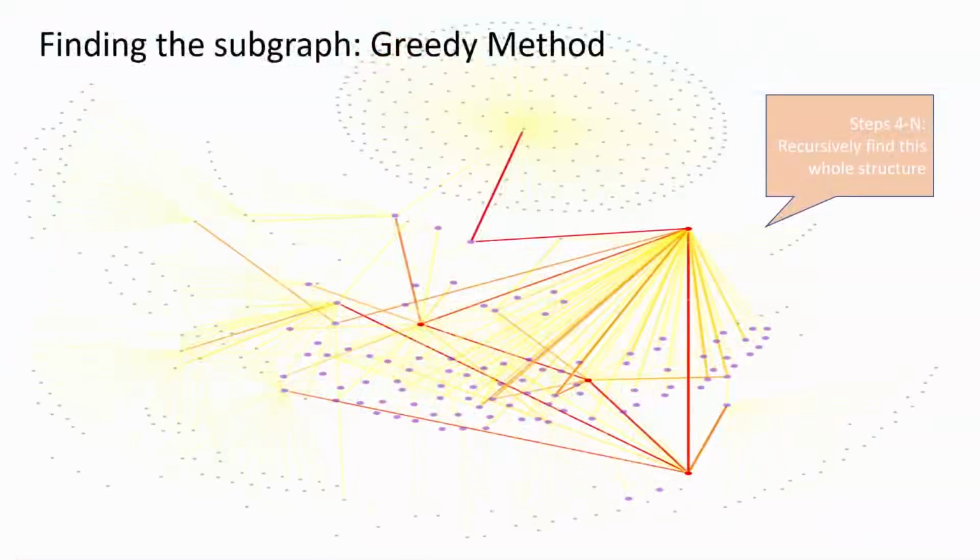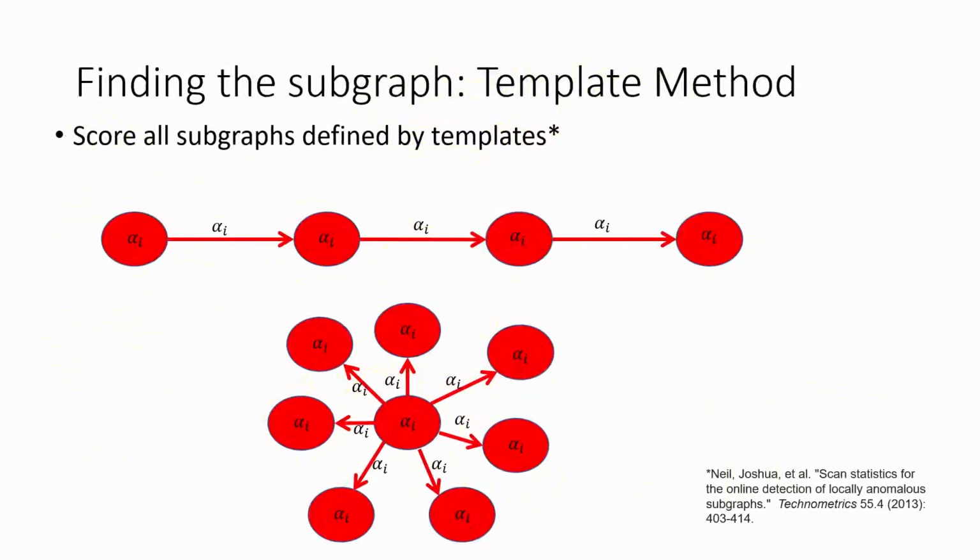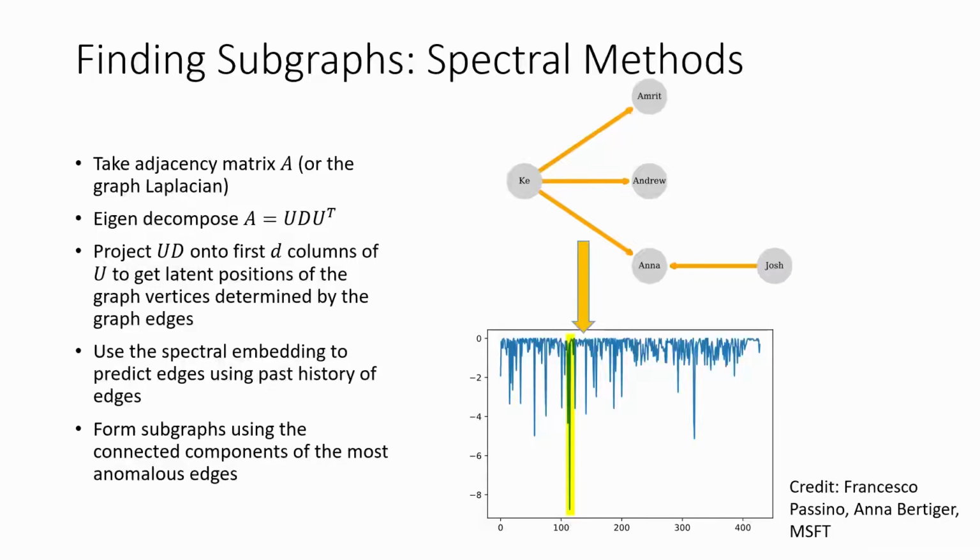And so we can design spectral methods that identify the combination of nodes and edges with scores that are unusual from a spectral perspective. And boy, I'm waving my hands a lot. This is not simple stuff. There are papers here, and this is hard work.